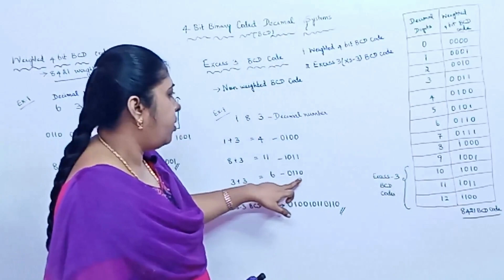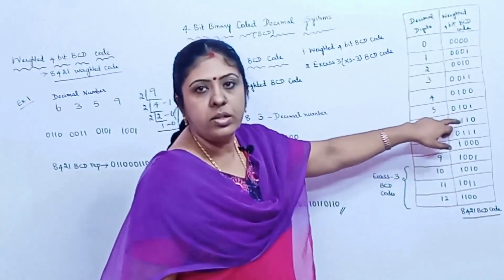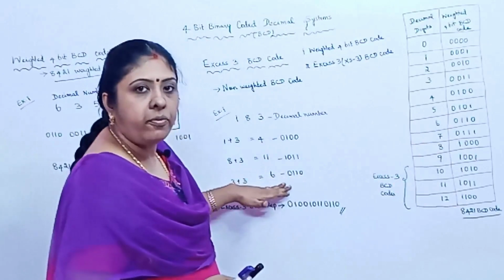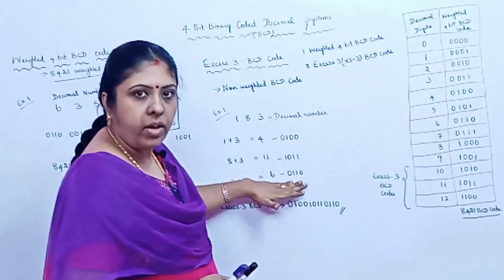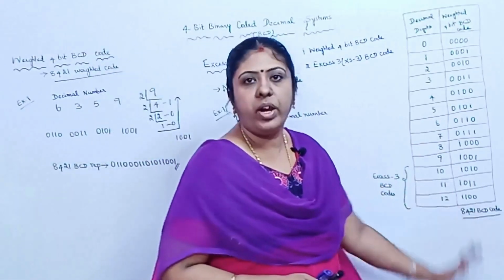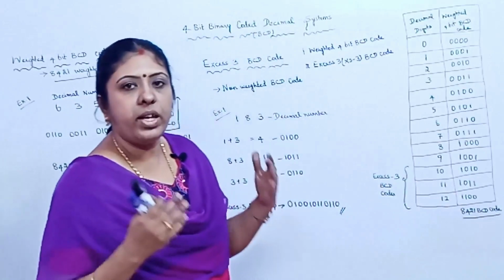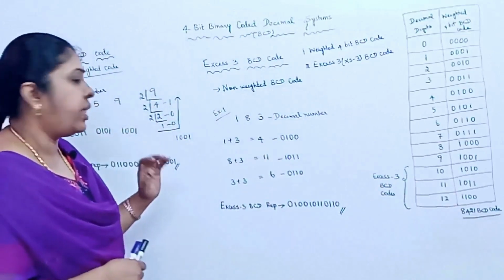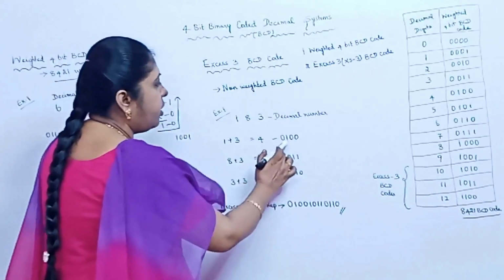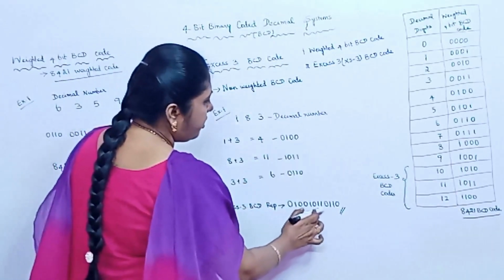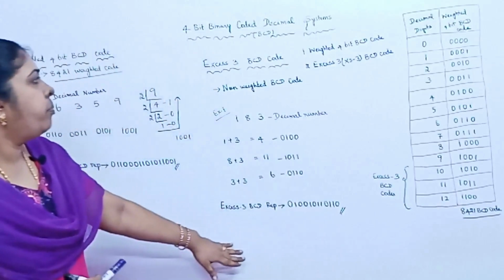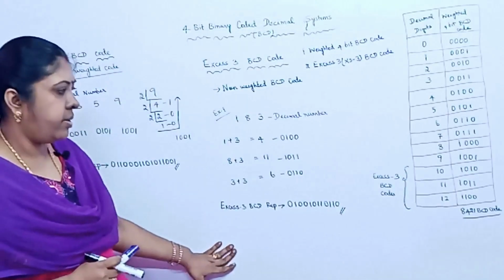For 6, 0110. That is, after adding, we are getting a decimal value again, and for this decimal value, we are substituting the weighted 4-bit BCD value. A very simple substitution and very simple method. And again writing all the values: 0100, 1011 and then 0110, which is the attained answer.